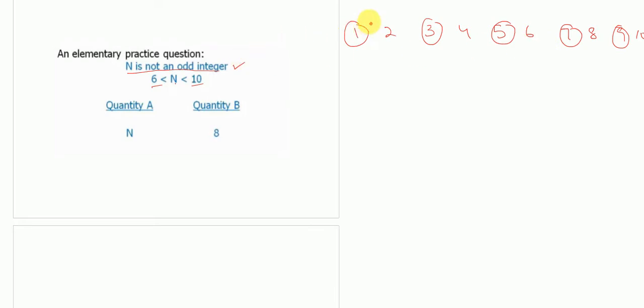When the prompt says that n is not an odd integer, one common mistake people make is to assume that n is an even integer. And yes, n could be an even integer, but it's not definitely an even integer, because nowhere in the question does it say that n is an integer.